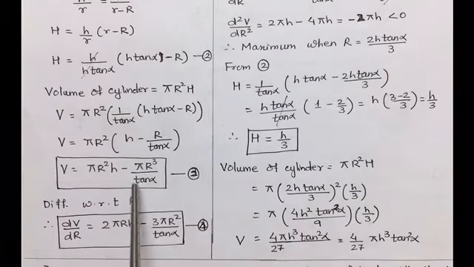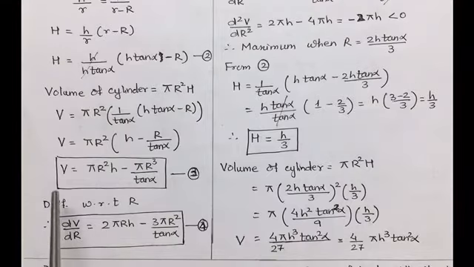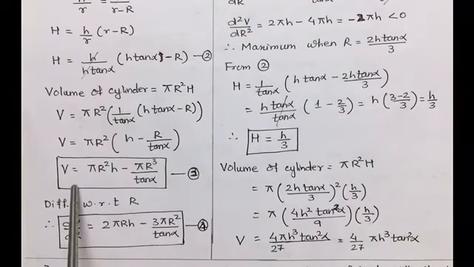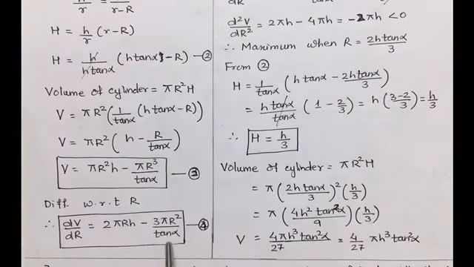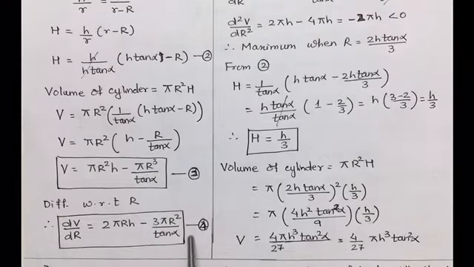This statement will help us in maximizing the volume as well as calculating the final volume of the cylinder. Now differentiating the volume with respect to R, we get dV by dR as 2 pi R h minus 3 pi R square by tan alpha, marking this statement as 4.